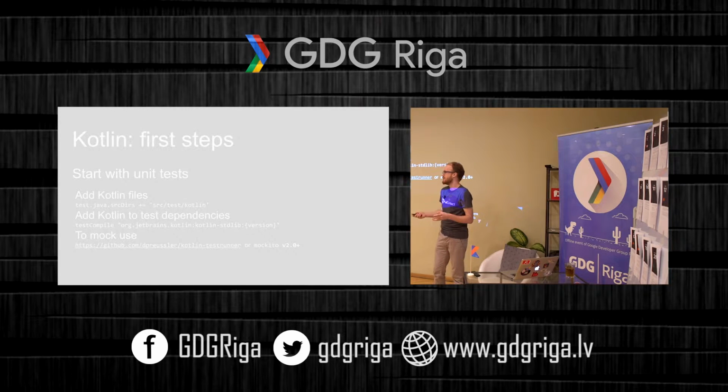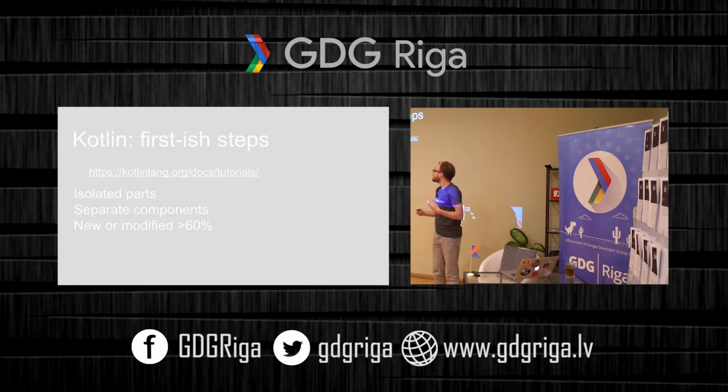So we started with unit tests. We had 150 or something like that lines of Kotlin code, and we were, yes, we have Kotlin. We're cool. We're hipster. So after unit tests, the next best point where to introduce Kotlin, in our opinion, what worked best for us was utility classes and data classes and small isolated parts.